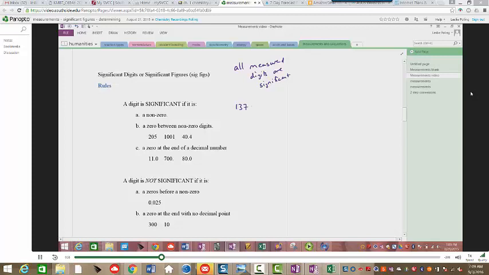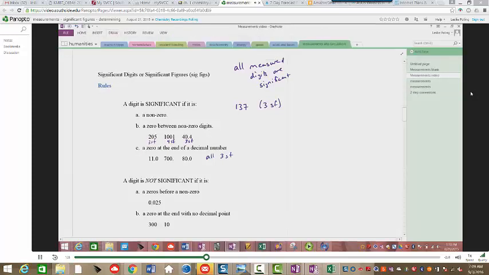So if you have this number, it has 3 significant figures. A 0 between non-zeros. So we've got 3 significant figures in this, 4 significant figures in this, 3 significant figures in this. A 0 at the end of a decimal number are significant because they represent measured numbers. All of these have 3 significant figures.